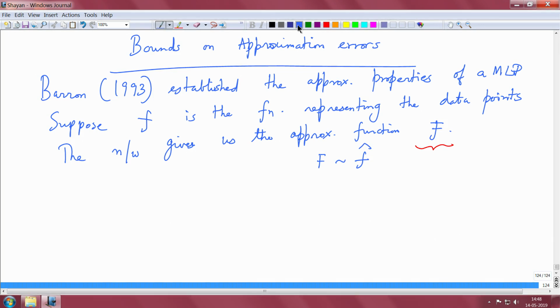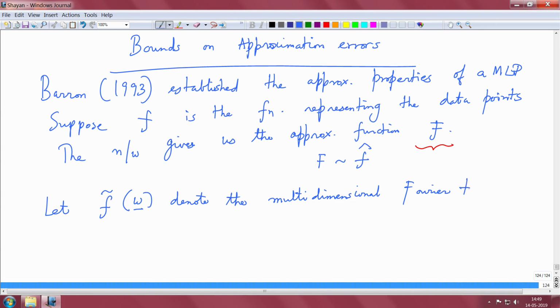So, let us set the context here. Let f tilde of w, w is a vector, denote the multidimensional Fourier transform of f of x.